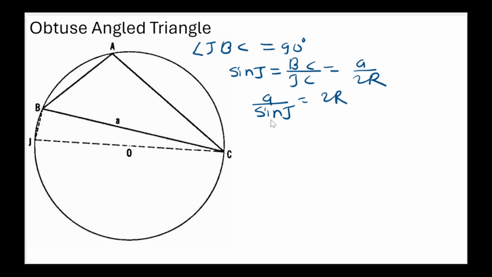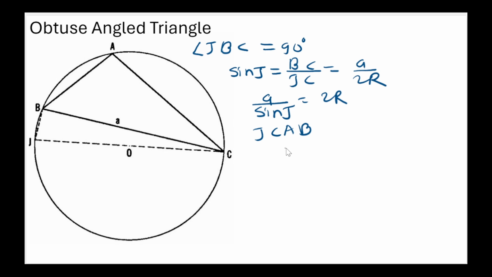Now in this case, if we look at the points A, B, C and J, we find that the quadrilateral JCAB is a cyclic quadrilateral. The property of a cyclic quadrilateral is that the opposite angles are supplementary to each other.